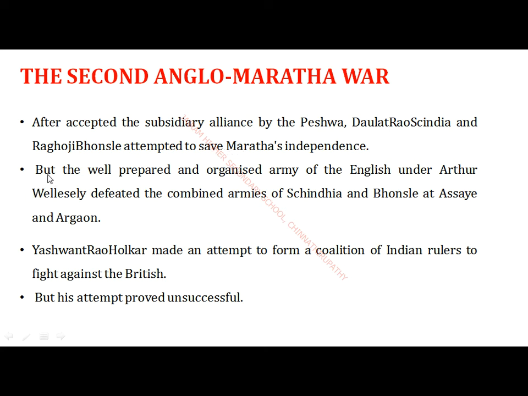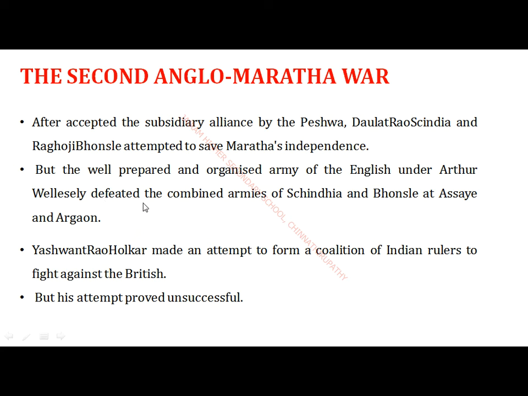So far, they had a well-prepared and organized army of the English, under whom? Under Arthur Wellesley, who defeated the combined army. So they decided to go against whom? Against the Britishers. Here the Britishers too were well prepared with an organized army, under Arthur Wellesley.